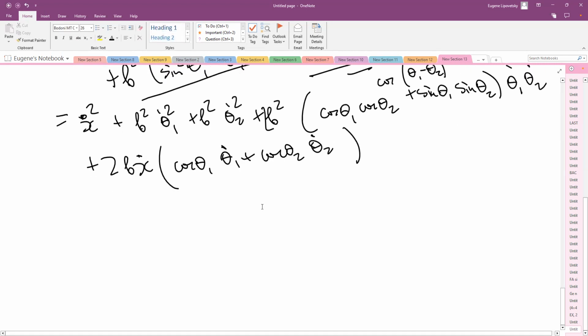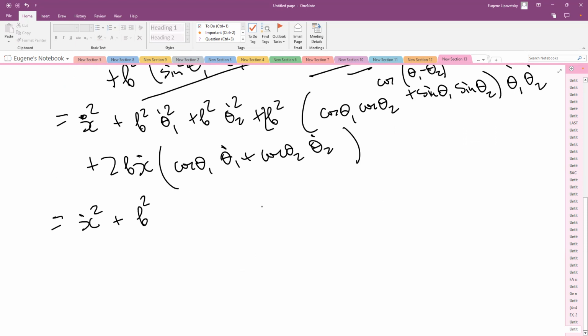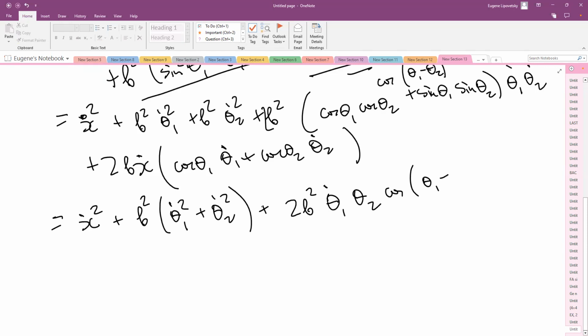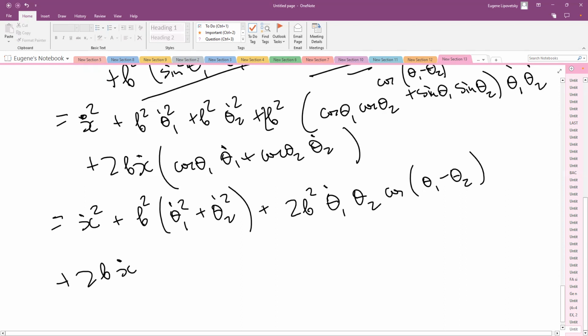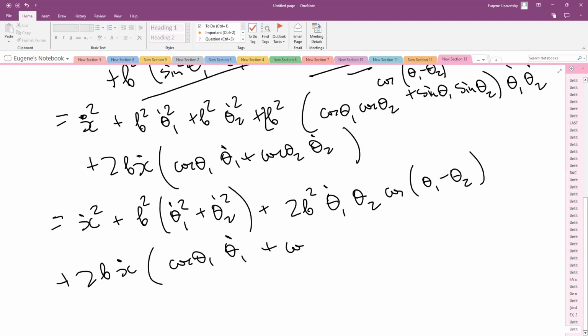So the result will be x dot squared plus b squared, and we can break it like this, theta 1 dot squared plus theta 2 dot squared plus 2 b squared theta 1 dot theta 2 dot cosine of theta 1 minus theta 2, and plus 2b x dot cosine of theta 1 times theta 1 dot plus cosine of theta 2, theta 2 dot.